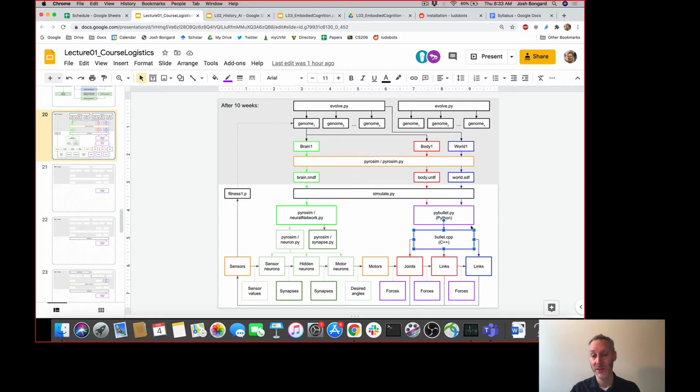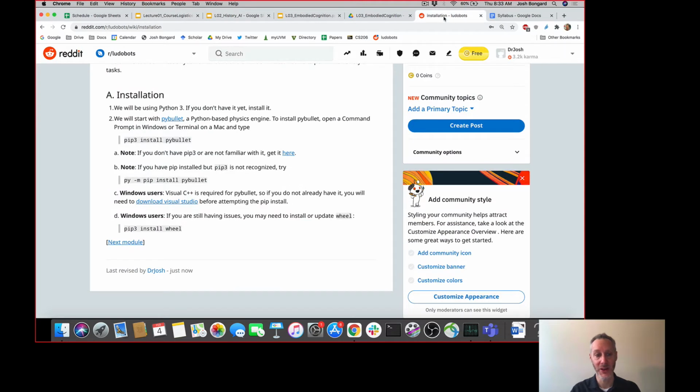So when you pip install PyBullet, it is in turn installing Bullet, which requires C++, which is why Windows users need to install Visual C++. One of you was telling me this morning that you might also need a wheel for this to work. So give that a go.